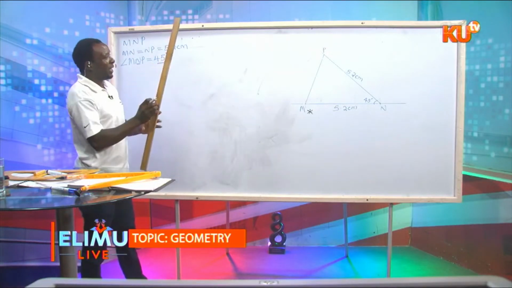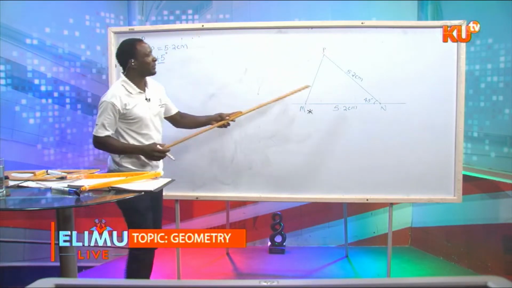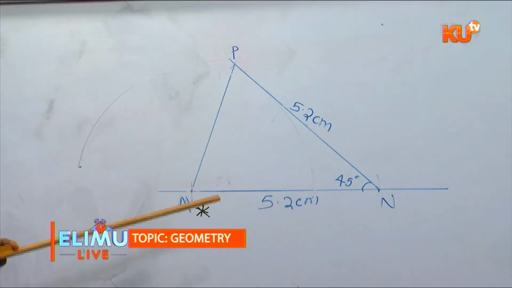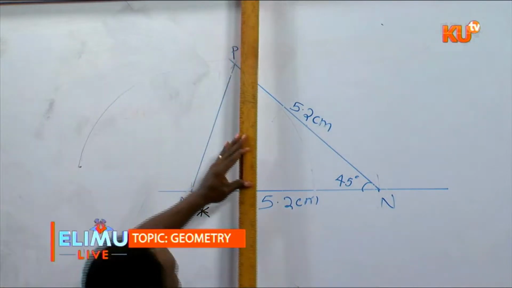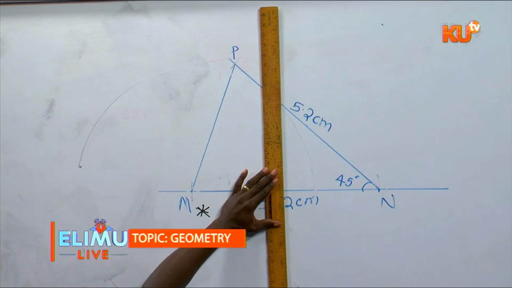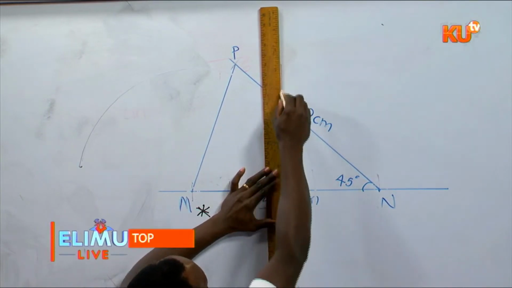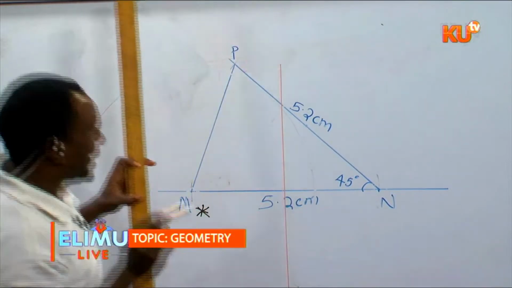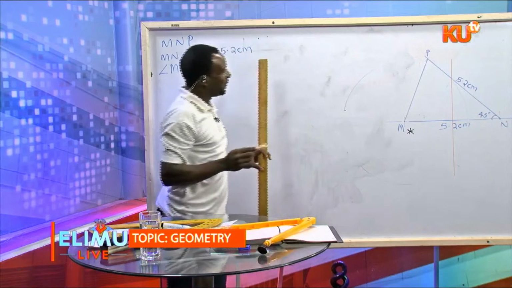It doesn't matter, because if you use a pencil, sometimes you get confused where the perpendicular bisectors met. So you come and put it straight. Be very accurate. Draw our perpendicular bisector. It is there.